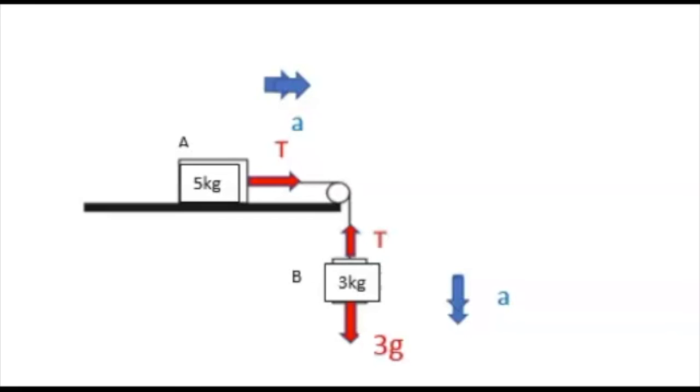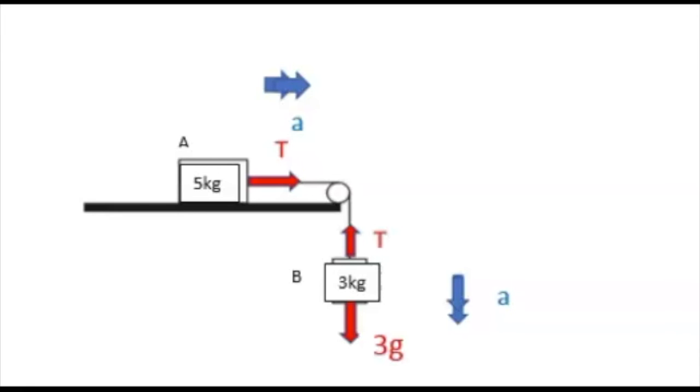In fact, if we consider the whole system of the 5 kilogram and the 3 kilogram together and look at the direction of the motion, the force that helps this direction of motion is the 3g. The two tensions are equal and opposite, and they cancel each other out. So the whole system has a force of 3g helping the movement down for object B and to the right for object A.